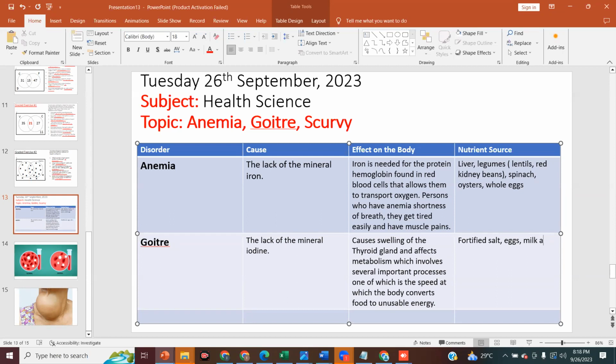So fortified salt has iodine, eggs, milk. Actually, I'm surprised this book doesn't have it, but seafood has iodine as well.